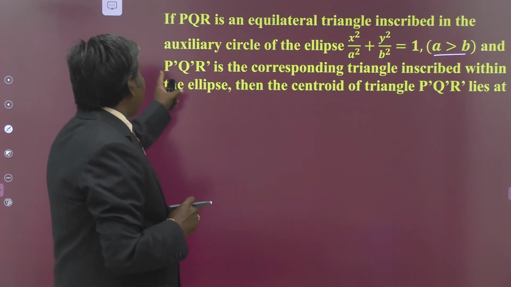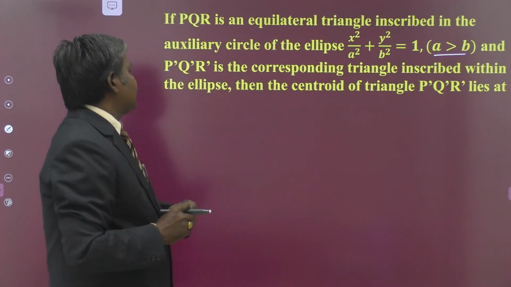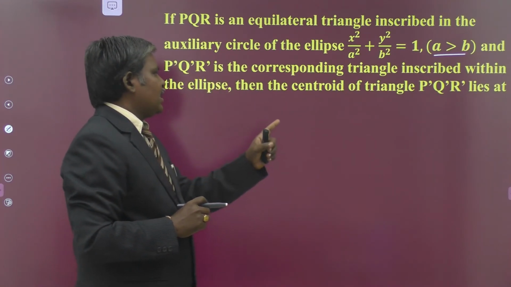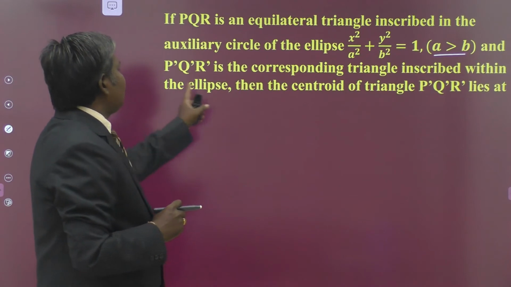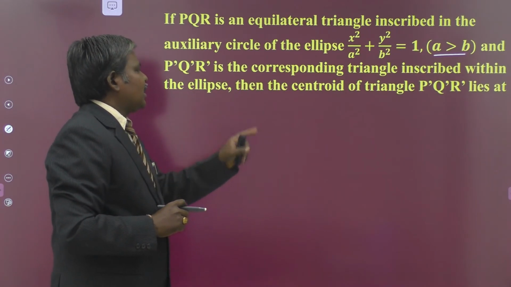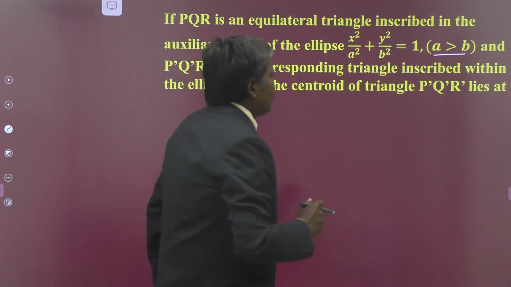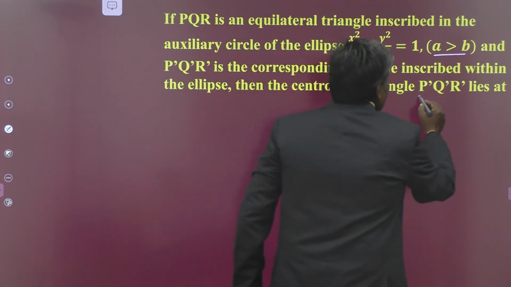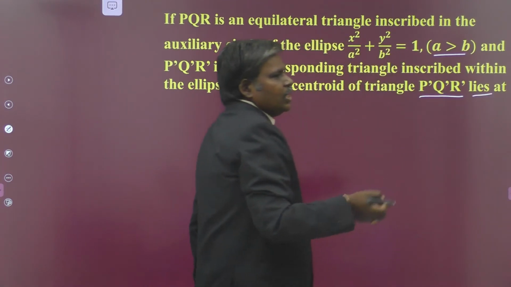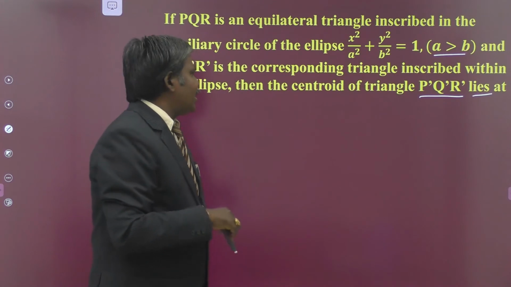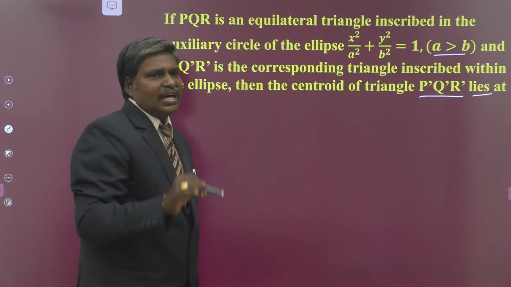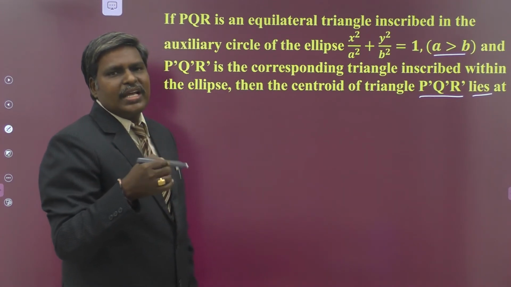Okay, and P dash, Q dash, R dash is the corresponding triangle inscribed within the ellipse. Then the centroid of the triangle P dash, Q dash, R dash lies at what? That is, you are going to find out the centroid of the triangle P dash, Q dash, R dash. What are P dash, Q dash, R dash?